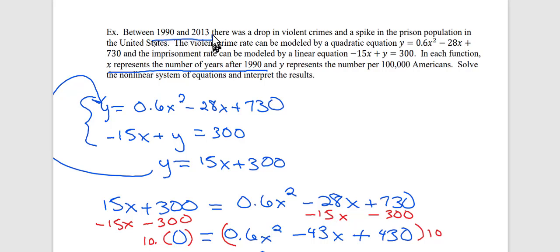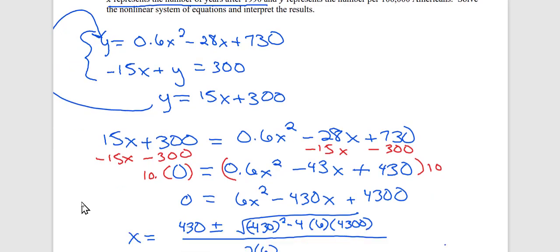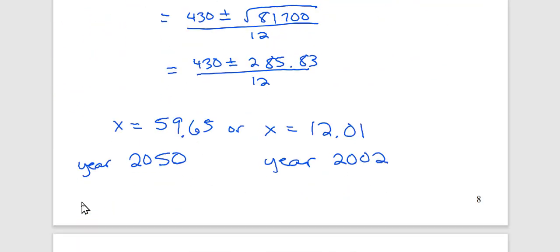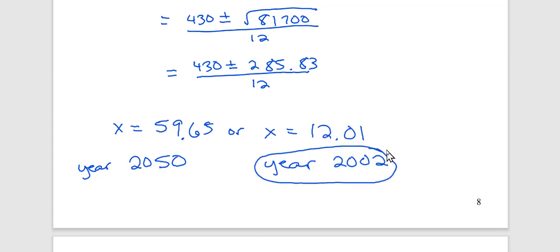Notice that these equations really only should be used to model data between 1990 and 2013. These are the years that were studied to give you these equations. To go to 2050 would be quite the stretch. So I'm thinking we need to be talking about this year here.